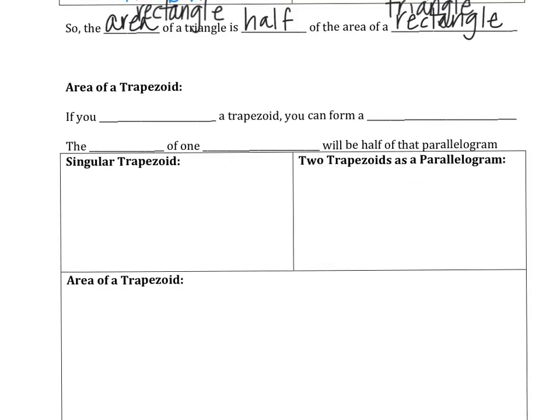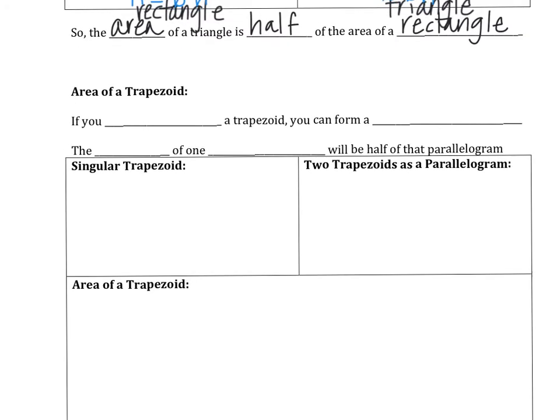Area of a trapezoid. If you duplicate a trapezoid, you can form a parallelogram.